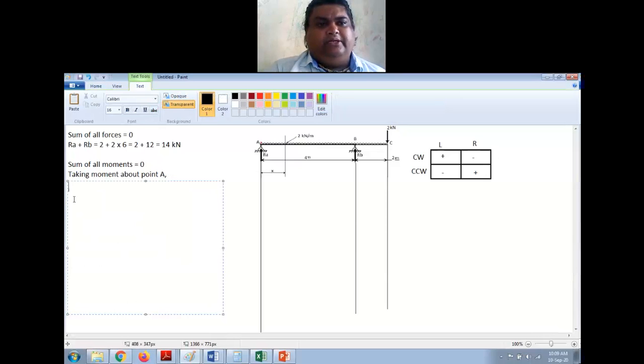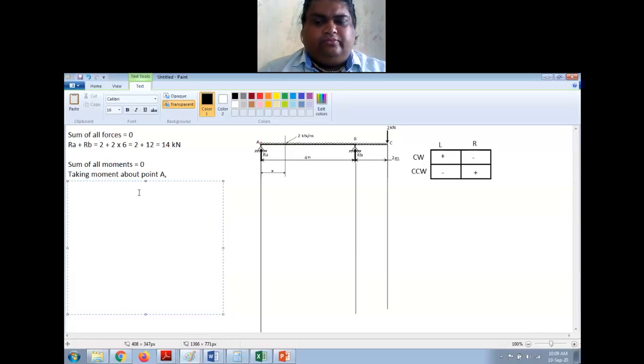Now let me start. So bending moment about this point A. So I'll start from the extreme end C. Now at C I have a force of 2 kilonewton which is acting downwards. So because of this it is making a clockwise moment on the right side. Right side clockwise, it is negative.